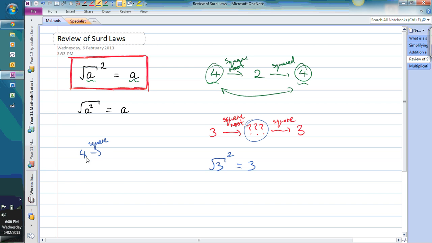And 4 squared is going to be 16. Find the square root. And I'm back at 4. So this index law, surd law can sometimes also be written in this form here.